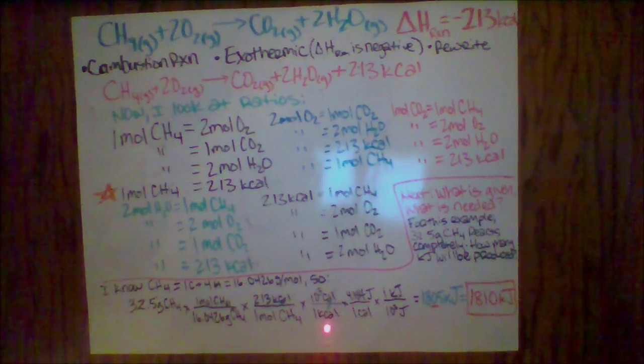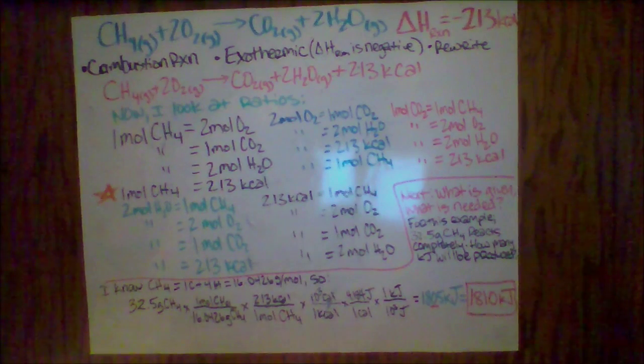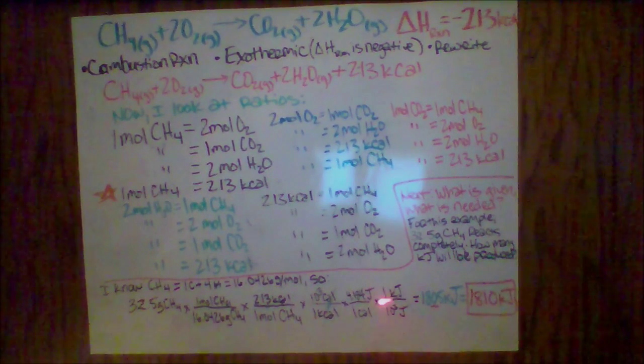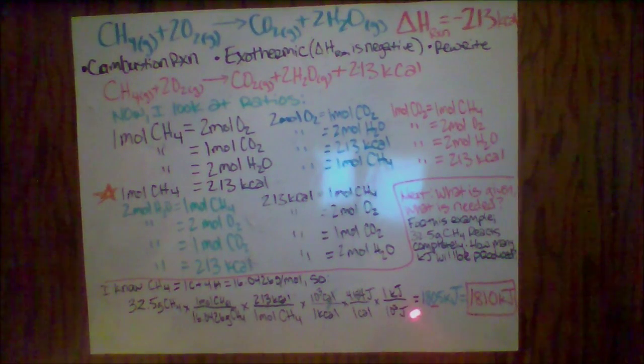That doesn't do me much good considering they want it in kilojoules. So I know that 1 kcal is equal to 1,000 or 10 to the 3 cal. Now I'm in calories, I need to convert it to joules. So 1 cal is equal to 4.184 joules. And joules still doesn't help me, I need to be in kilojoules. So I know that 10 to the 3 joules, or 1,000 joules, makes 1 kilojoule.